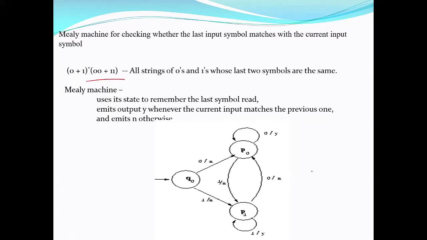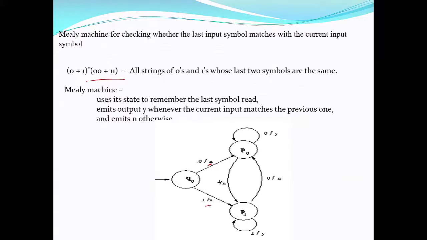Right? Now look at this. Every time it checks for 00 or 11. Now when you get 0, so initially I'm starting in Q0, only one input symbol I have, so there is no question of matching. So on 0, it goes to P0 and produces N. Right?